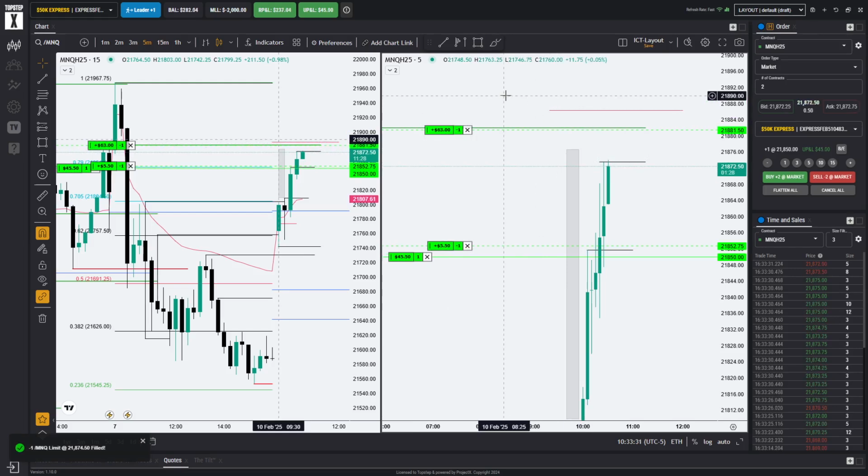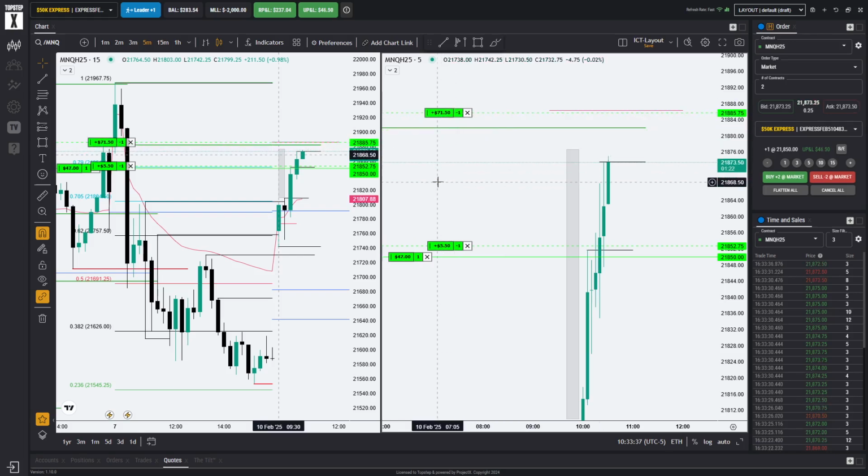I got one off, and I'll hold the last one into the opening print, and that is as well a good place to short. Opening print.